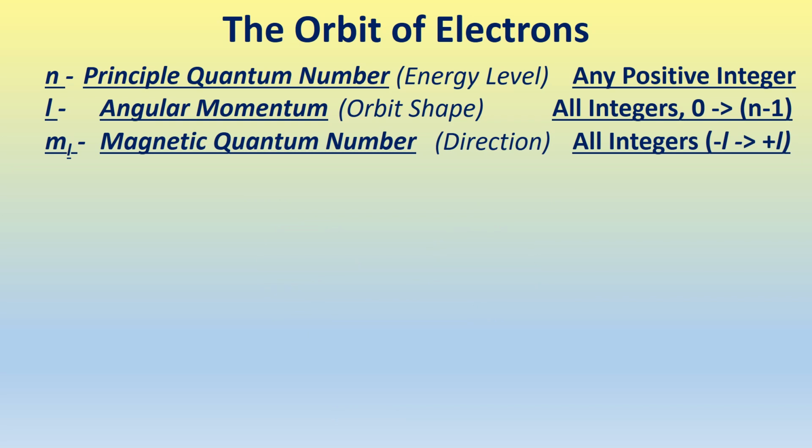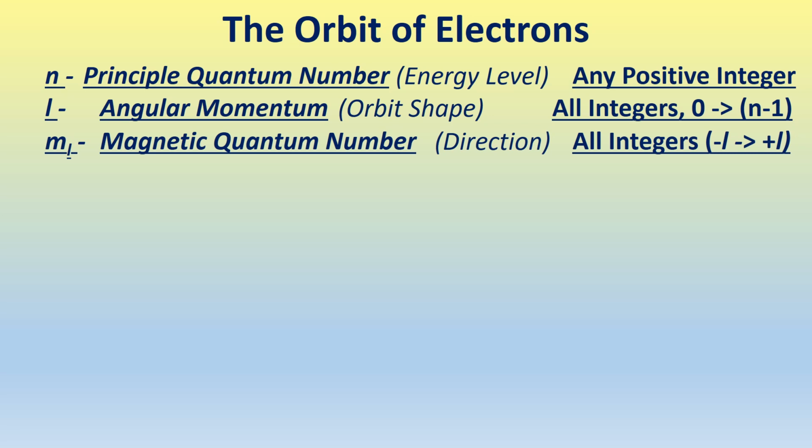Starting with Niels Bohr's orbital theory of the electron, we now find out that the position of any given electron can be determined using four sets of numbers, essentially an address. N, any integer, which tells you the energy level or shell the electron happens to be in and how much potential it has. L, the angular momentum, the shape of the orbit that's balancing out that potential, can have any integer value from 0 up to n minus 1.